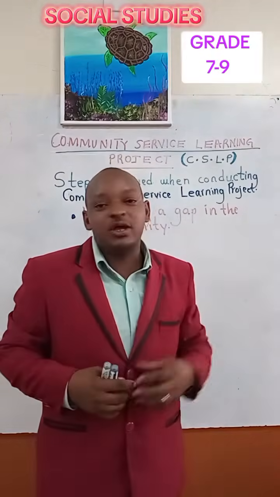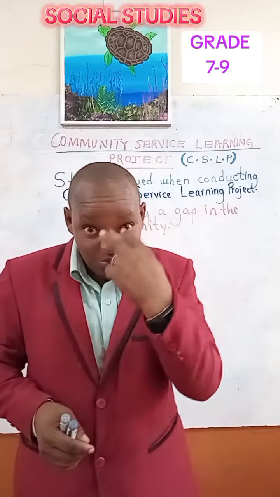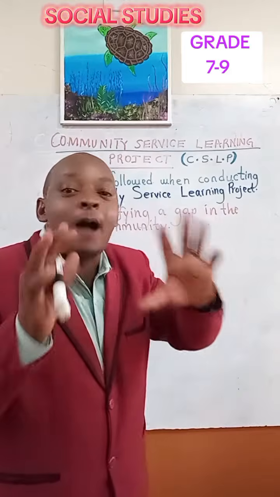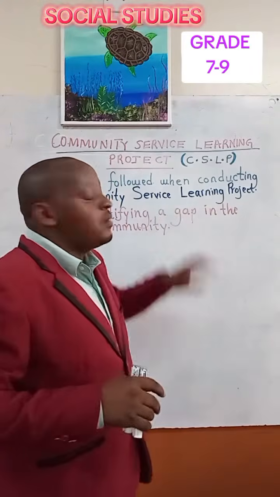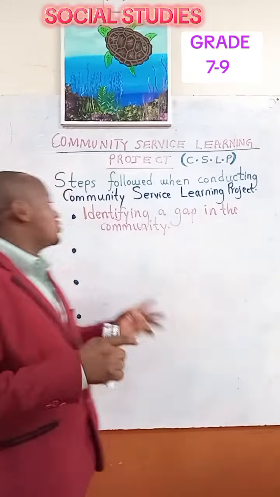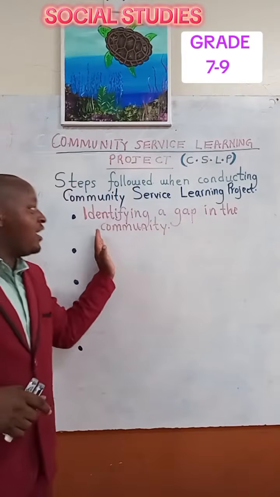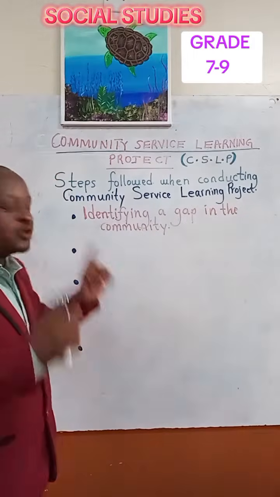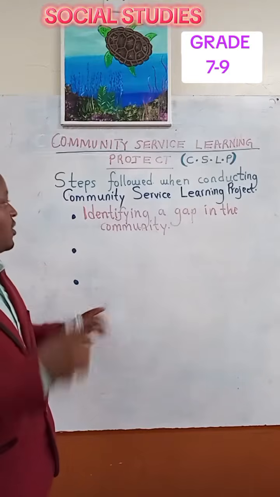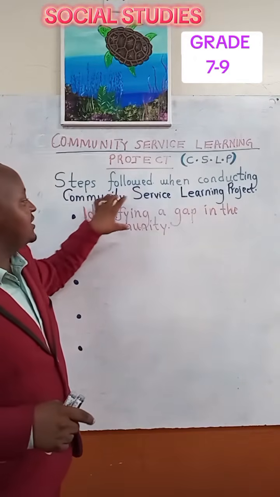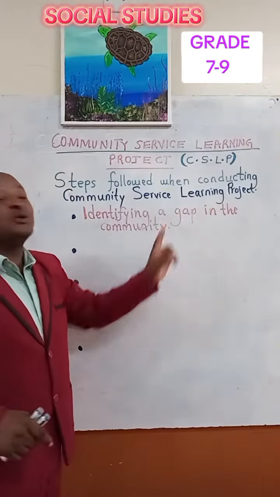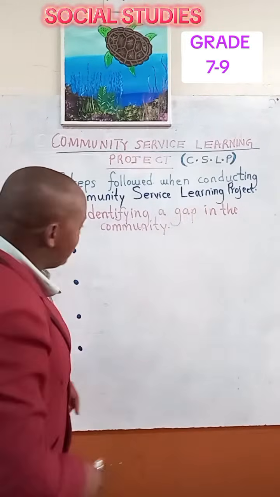You go to the place by yourself and you see with your eyes how the people are suffering, or what gap or problem they have in the community. So number 1 is identifying a gap in the community. That is very important. The first step when you are conducting a community service learning project is identifying a gap in the community. Let's go to number 2.